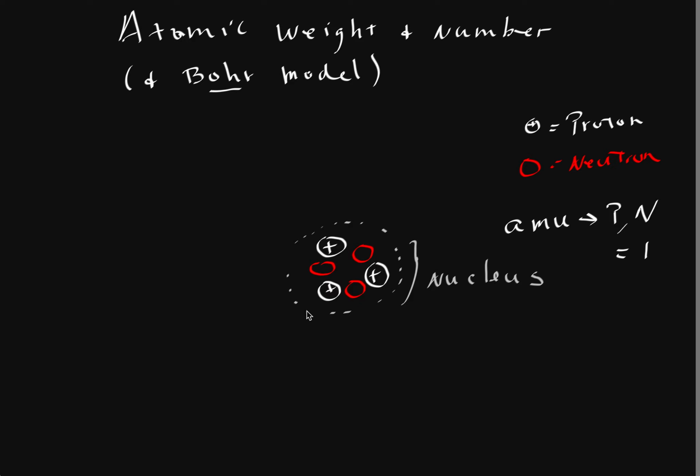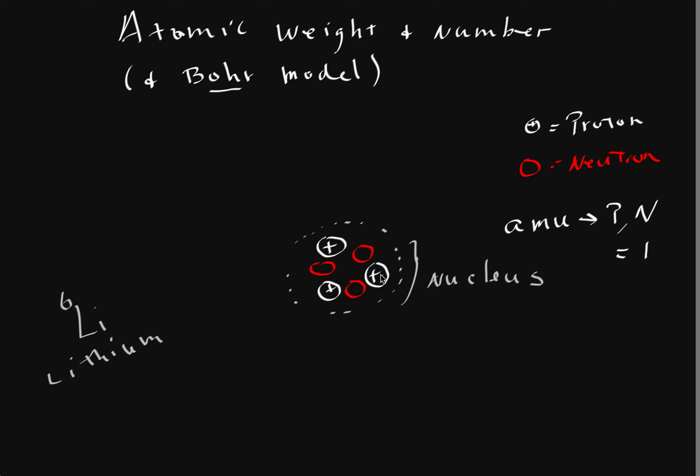Now what I've drawn here is the model for lithium, the element lithium, which has the abbreviation Li. So for the atomic weight, the atomic mass, we would add up all of these particles. We have 6 of them, and so we'll write a superscript 6 at the top upper left of lithium.